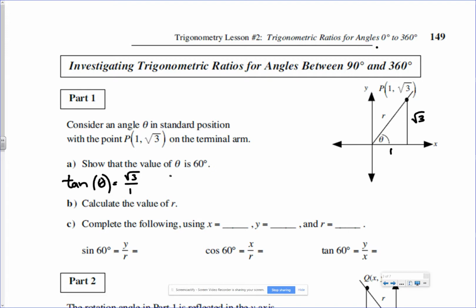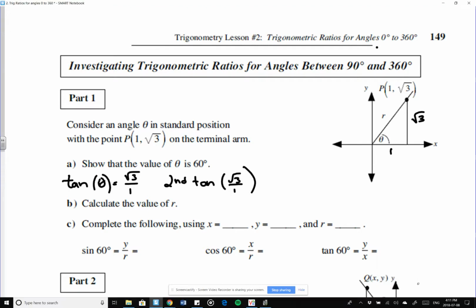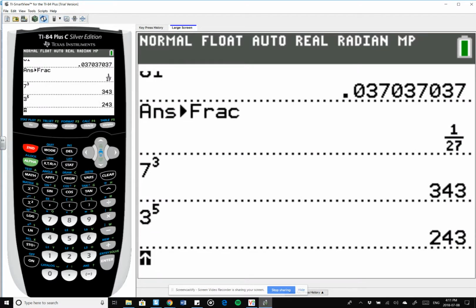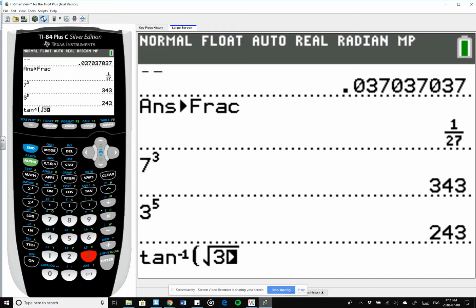And then to find my angle, I'd use second tan of root 3 over 1. Using my calculator, I would go out of my graph mode here, and I would go second tan, root 3 divided by 1.